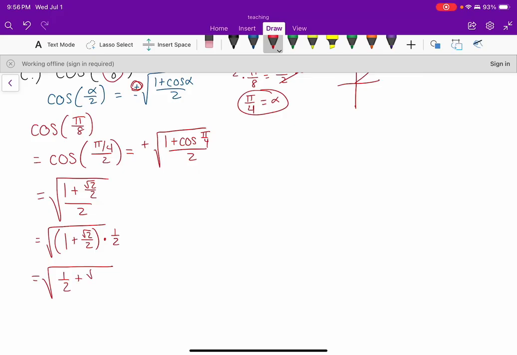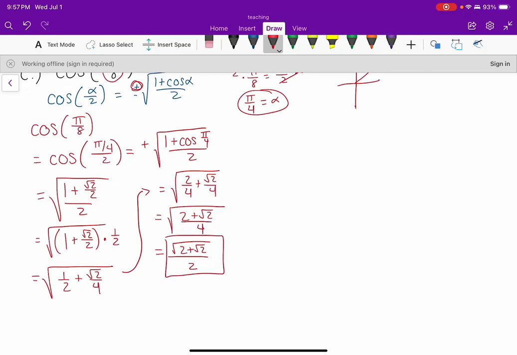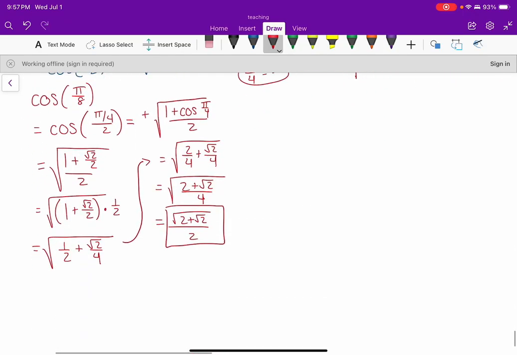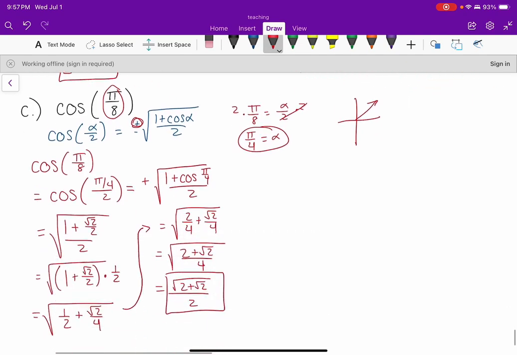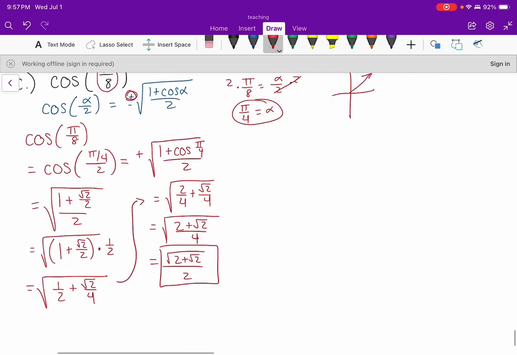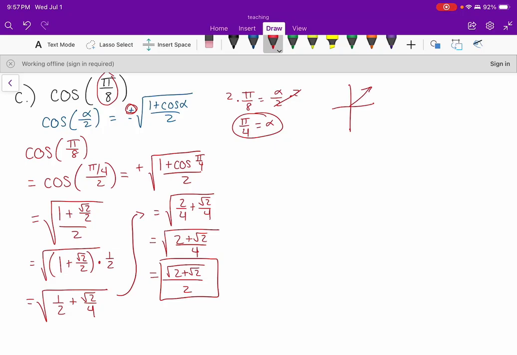Get 1/2 plus root 2 over 4, which is square root of (2 plus square root 2) over 4. So this equals square root of (2 plus square root 2) divided by 2. Kind of funny that they ended up as the same answer, because they both technically have the same reference.